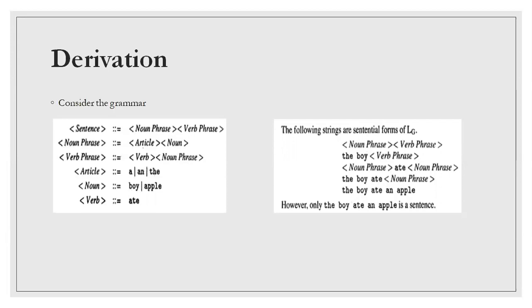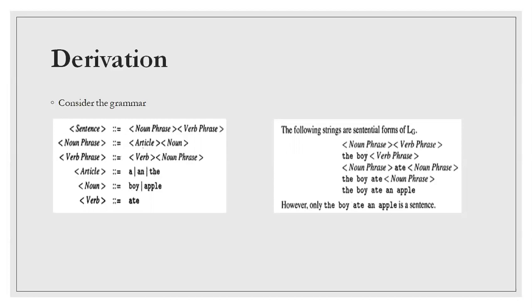Now, what is the derivation? For example, the sentence is: the boy ate an apple. We have to see whether this sentence is applicable for this grammar or not. Let us start with the first rule.